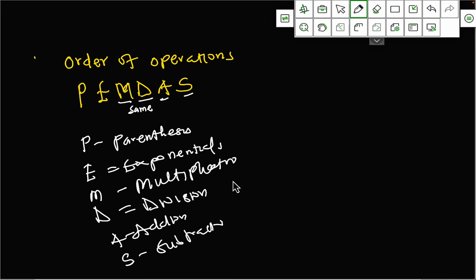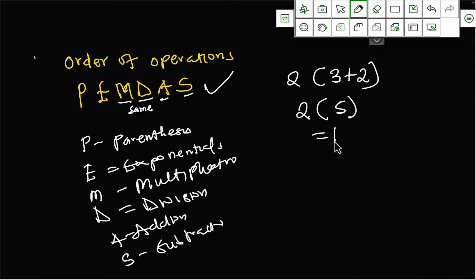Okay, now in algebra it's the same thing. The rule does not change. We'll still be working with the PEMDAS rule. So for instance, if I have 3 plus, let's say, 2, this is 5, and that times 2 will give you 10.